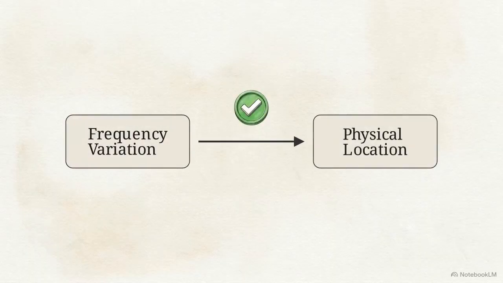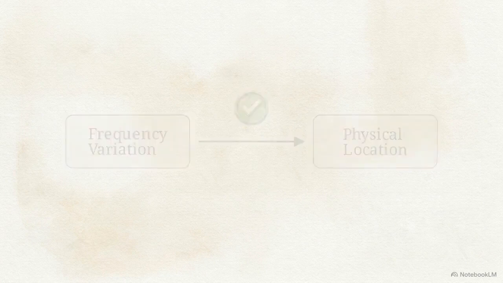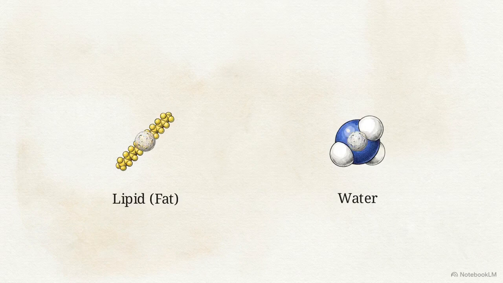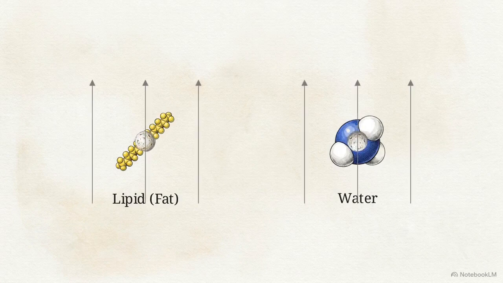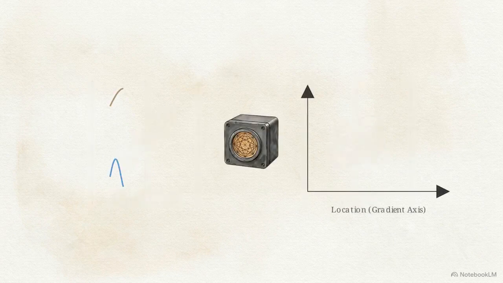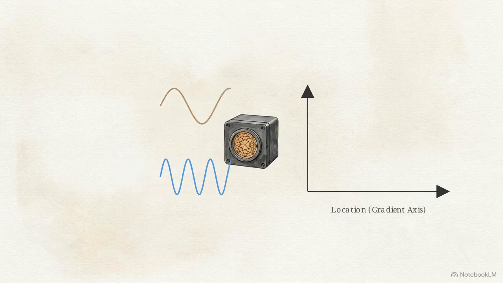It assumes that any variation in precessional frequency is the result of the physical magnetic gradient, but human tissue has distinct molecular environments. Even in the same magnetic field, protons embedded in fat precess at a slightly lower frequency than protons embedded in water. The Fourier transform cannot distinguish a natural chemical frequency shift from a physical one.